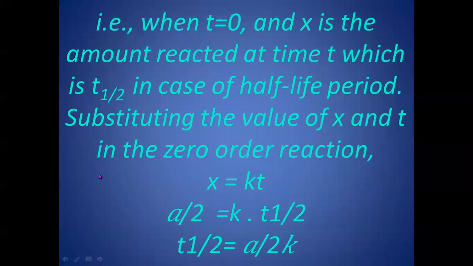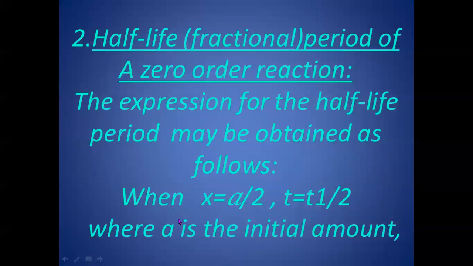Again, we have to take the same equation, x is equal to kt, which is the equation for rate of zero order reaction. Now in this, t half is the time required to convert the original concentration of reactant to half.